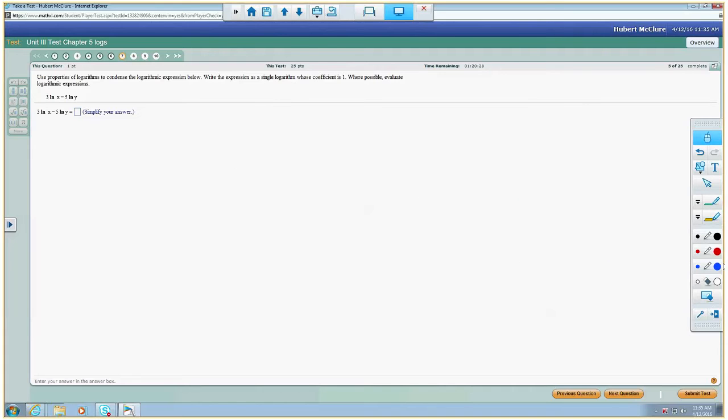All right, do that one. 3 natural log of x minus 5 log of y. Now, before I do anything, I'd like to get the logs to look the same. So what are you going to do first? Use one of the 3 rules.